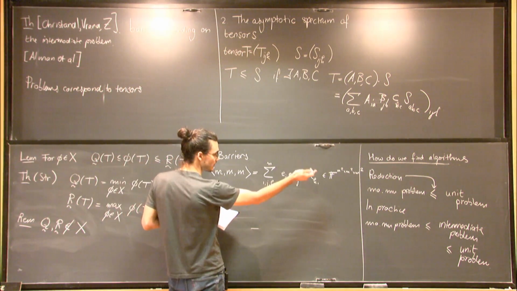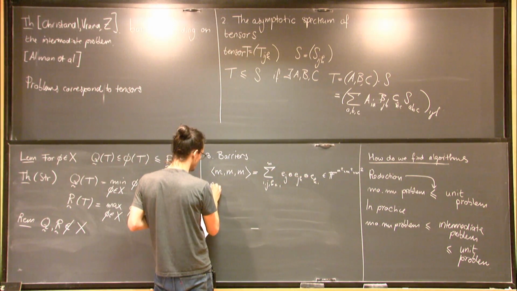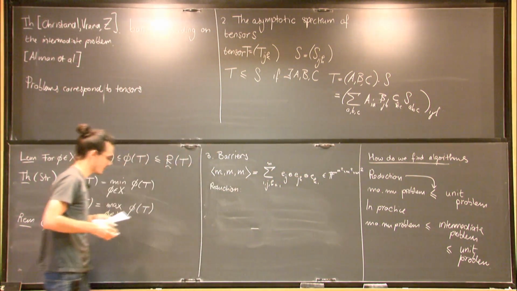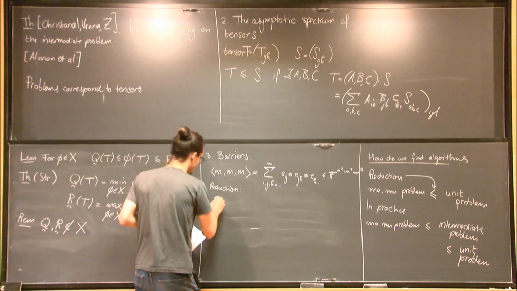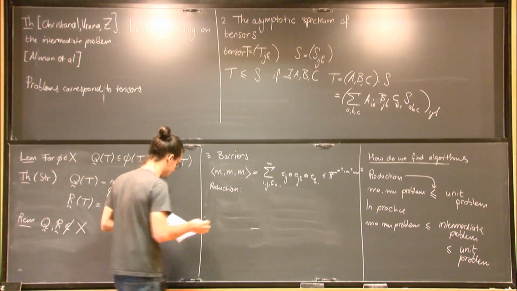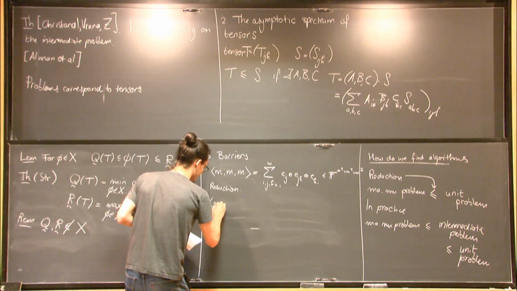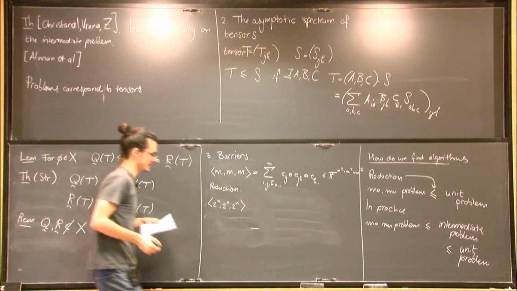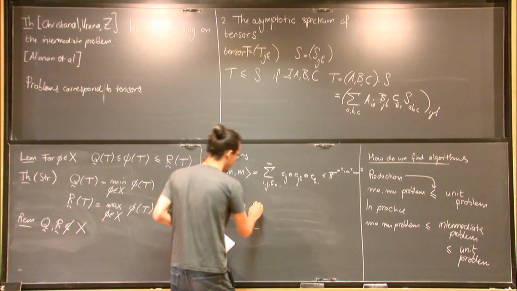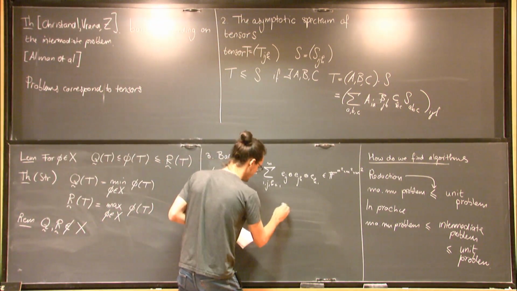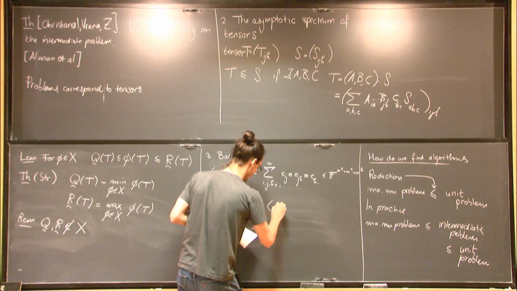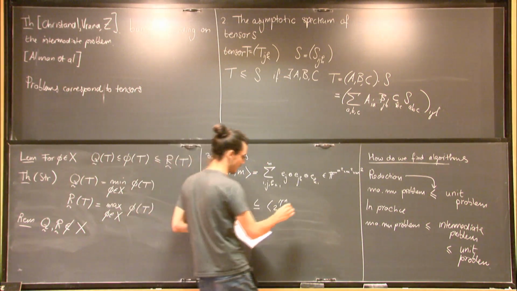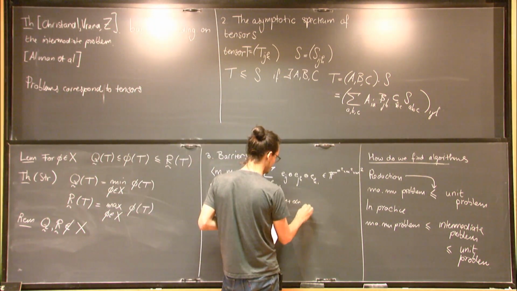So this reduction that I was talking about looks as follows. Let's take m to be a power of 2 just to make things a little bit easier. What you want to do is look at this matrix multiplication tensor, and prove an inequality with, on the right-hand side, a diagonal tensor. Let's say this diagonal tensor is of size 2 to the power gamma n plus lambda over n.